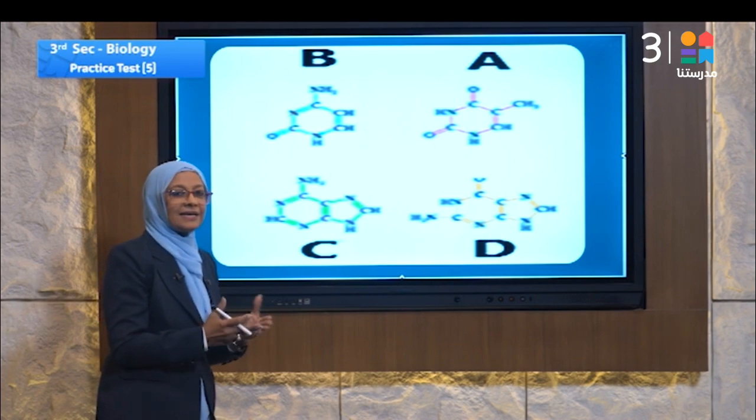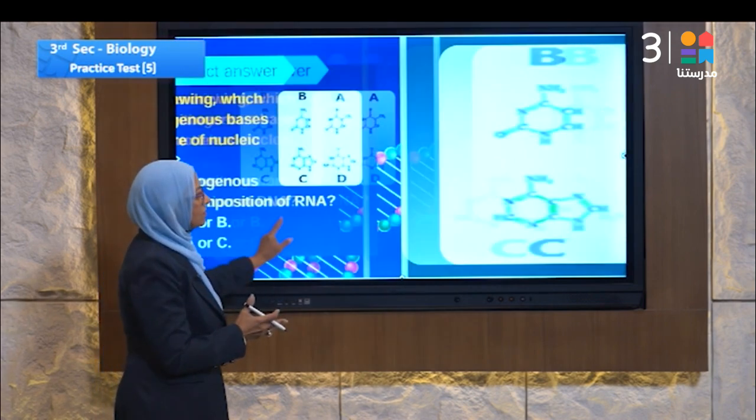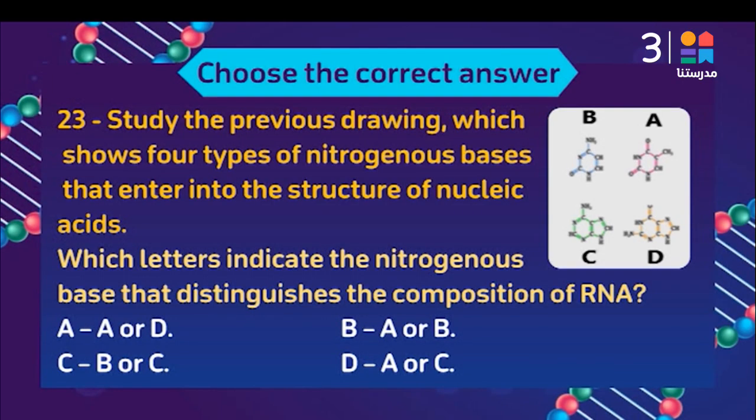Pyrimidine and purine, they are the rings. Let's go to the question again. Study the previous drawing which shows 4 types of nitrogenous bases, purine and pyrimidine, that enter into the structure of nucleic acid. Which nucleic acid? DNA or RNA? Which one will it ask?